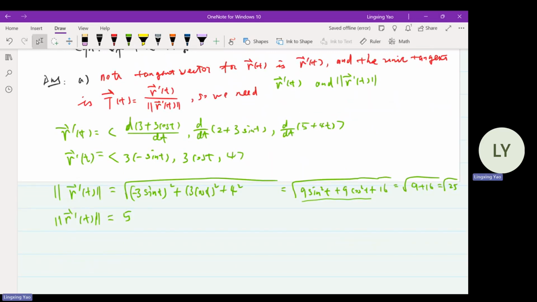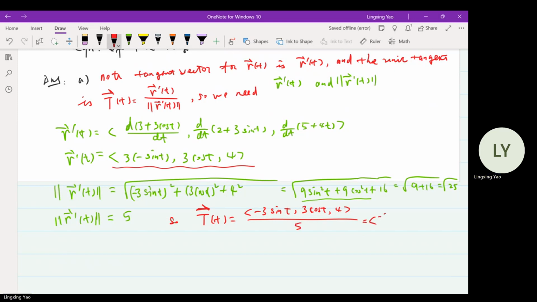With those two, the unit tangent vector T is negative 3 sine t, 3 cosine t, 4 divided by 5, which is negative 3 over 5 sine t, 3 over 5 cosine t, and 4 over 5.